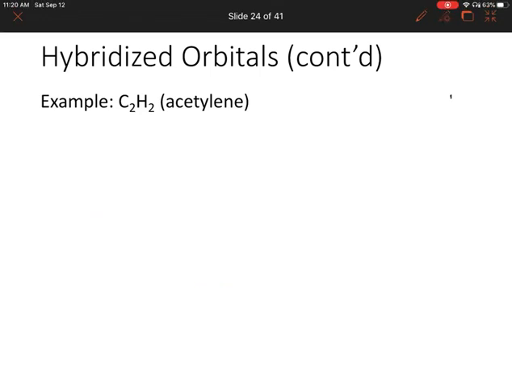So let's draw the Lewis structure first. So we have 2 carbons again, so those will go in the middle, and they each have 4 valence electrons. And then we have 2 hydrogens. So I'll give each carbon 1 hydrogen just to make it symmetrical.